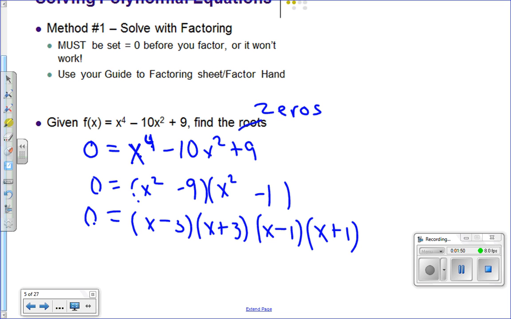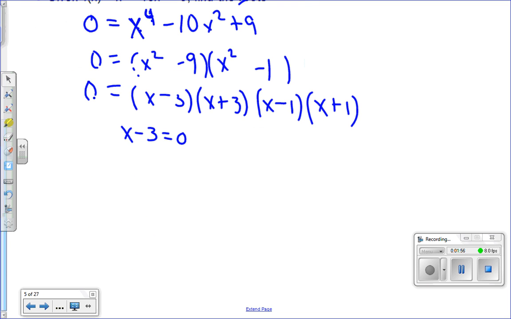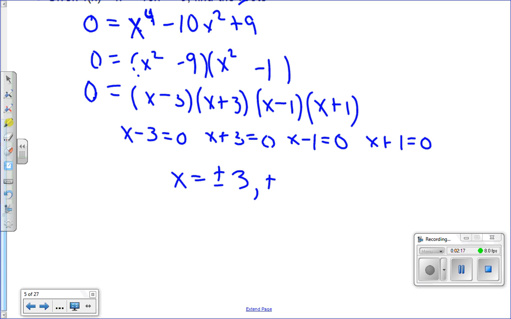So solving this polynomial equation, I can write x minus 3 equal to 0, x plus 3 equal to 0, x minus 1 equal to 0, and then x plus 1 is also 0. It's nothing more than the zero product property, which says that if things multiply to equal 0, then each factor could be 0. So my solutions here are 3 and negative 3, 1 and negative 1.